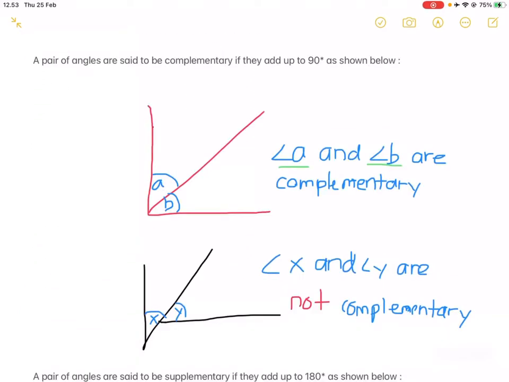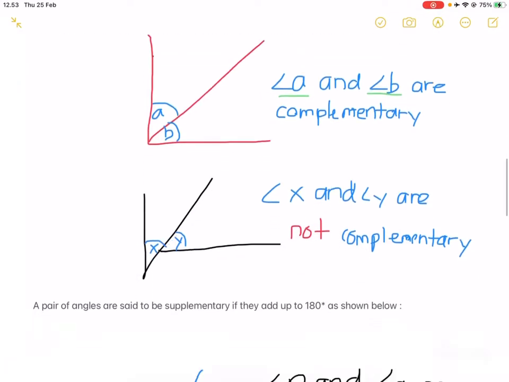Alright, next I'm going to talk about complementary and supplementary angles. A pair of angles are said to be complementary if they add up to 90 degrees. In other words, they form a right angle. Here's an example of angle A and angle B, and they are obviously complementary because they form a right angle like so.